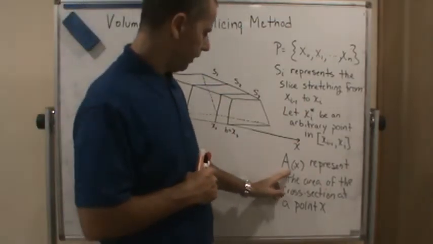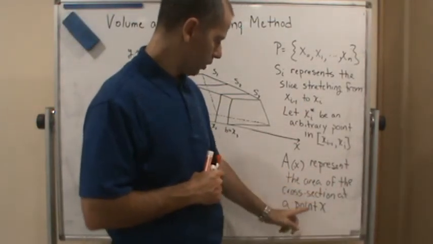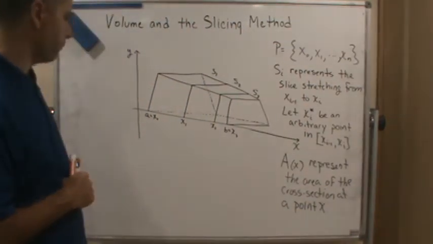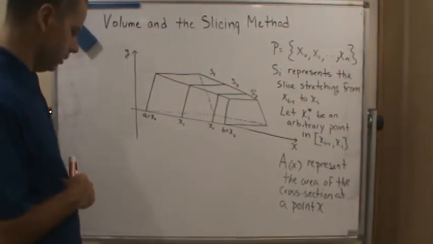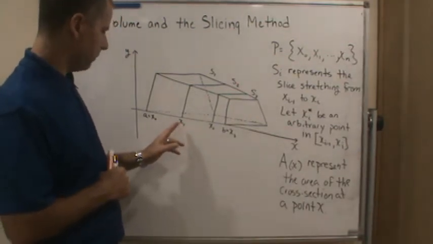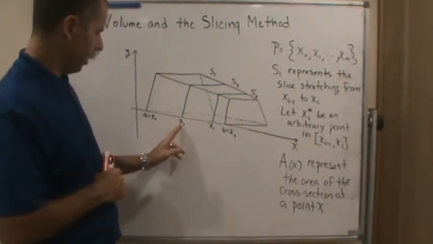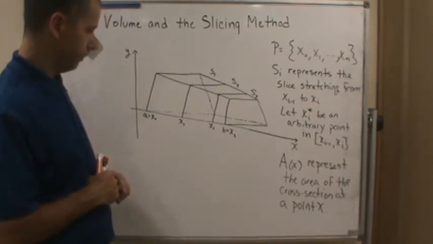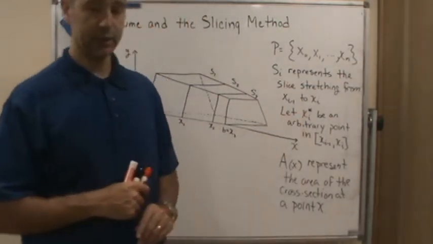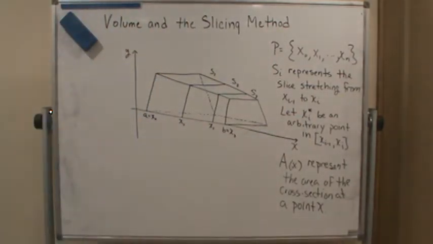We're going to let A represent the area of the cross-section located at a point x. For example, we're going to look at a cross-section here. We're going to let x sub i star represent an arbitrary point in each subinterval. It could be the left endpoint, the right endpoint, the midpoint, or any point, but we're just picking an arbitrary point within each subinterval.